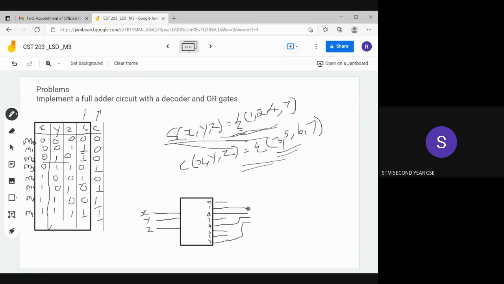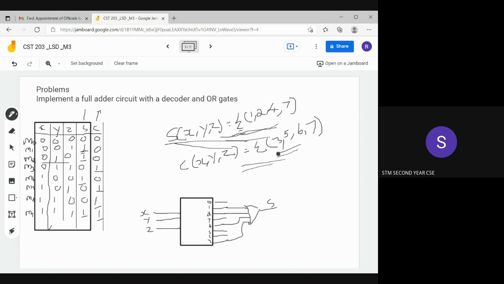Okay, in that case it has to generate the corresponding sum. So take 1, 2, 4, 7. Once we OR all these, we will get a sum.